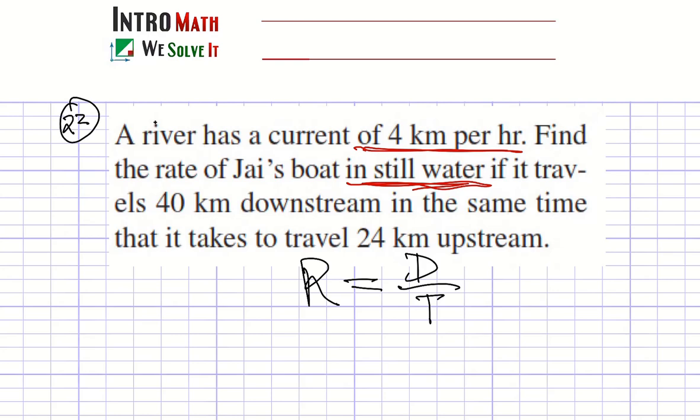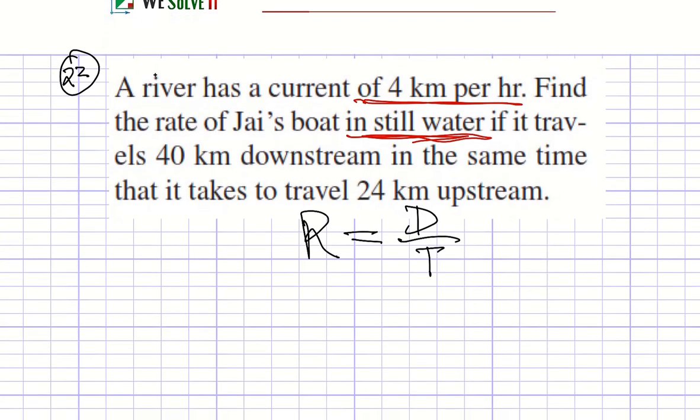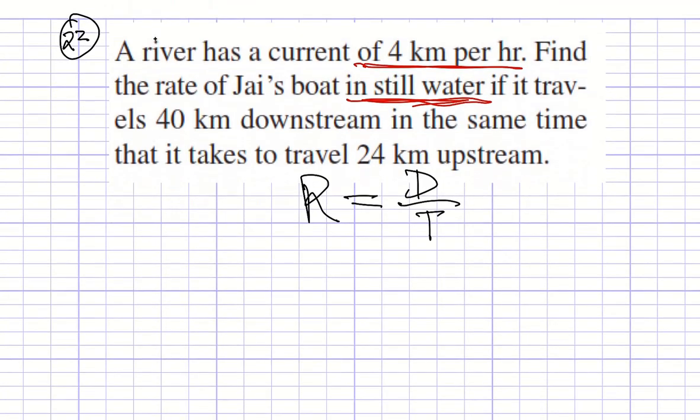If you're looking for time, you cross multiply. Okay. But look, there are two situations. You say the rate of the boat in still water, if you travel downstream in the same time. The time is the same. Okay. And they want us to find the rate. Okay. We are looking for the rate.